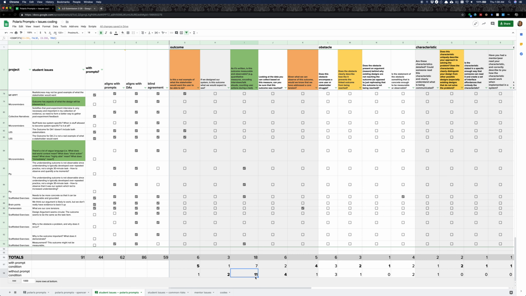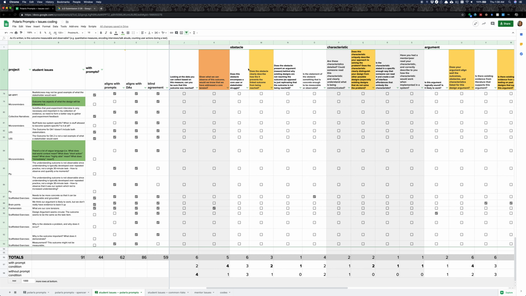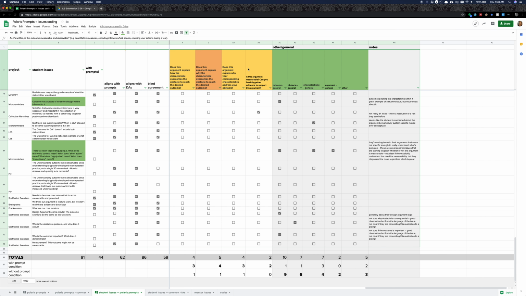The other types of issues that students performed better in without prompts were, like we said before, these general types of comments.